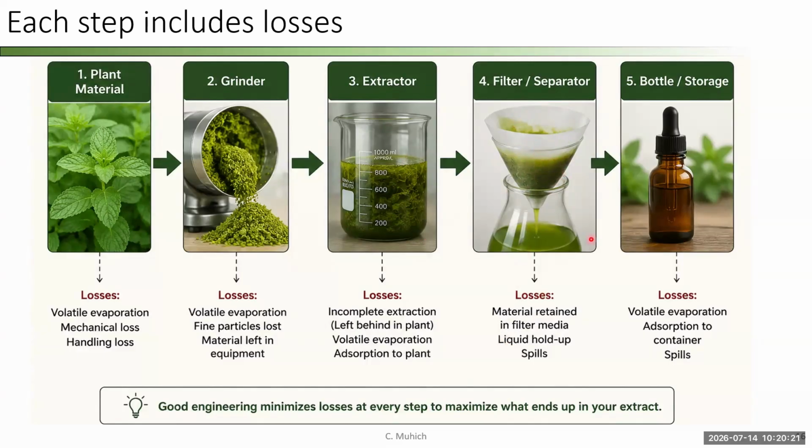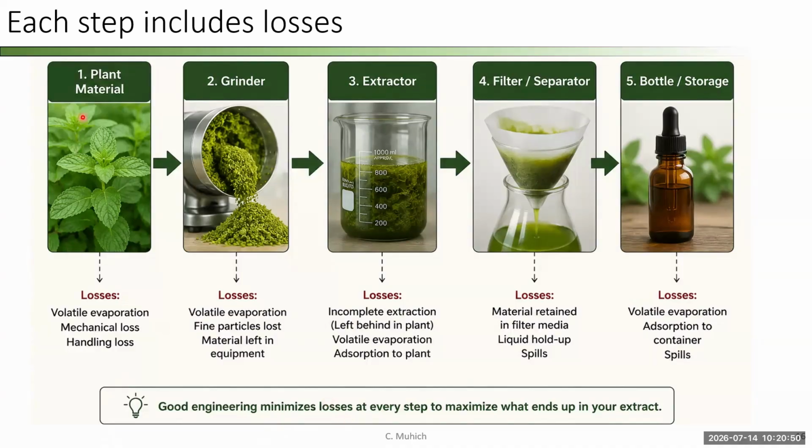And then finally, once I've bottled it, that bottle hopefully minimizes evaporation, but we can still have decomposition, right? And so as we're thinking about these systems, we want to find ways to minimize losses at these steps to try to enhance and maximize how much of our extract we get.